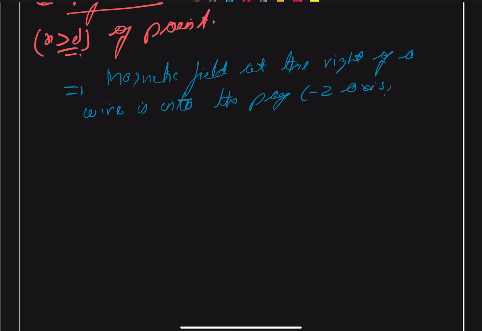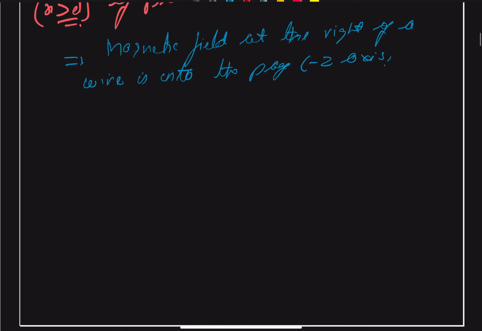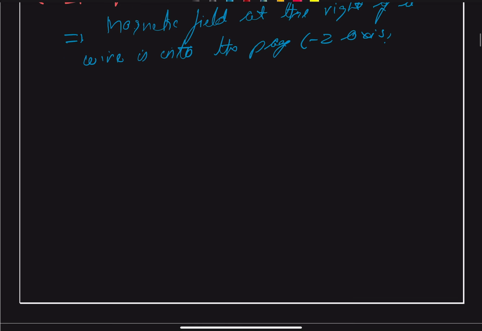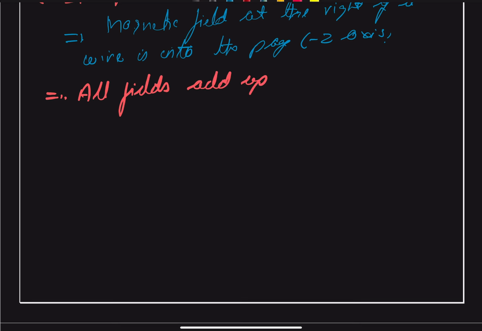So once again, all the wires will add up because of the same direction. All fields add up in the same direction, and same direction means minus z axis.